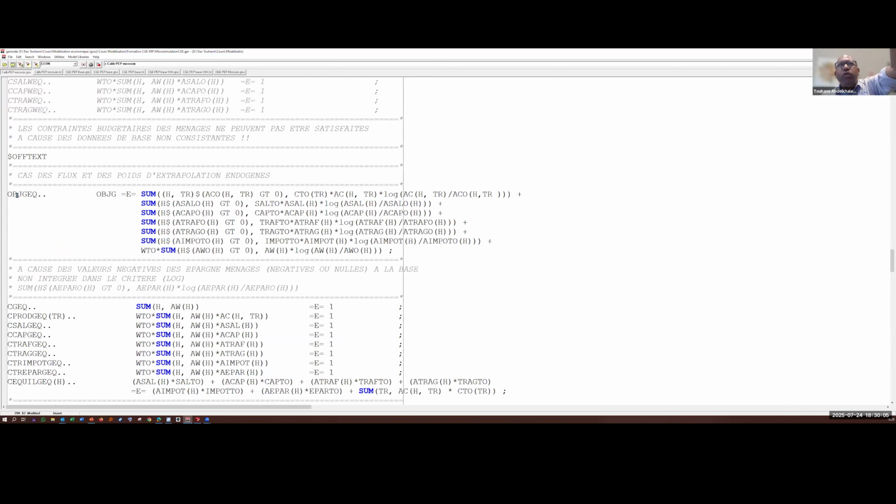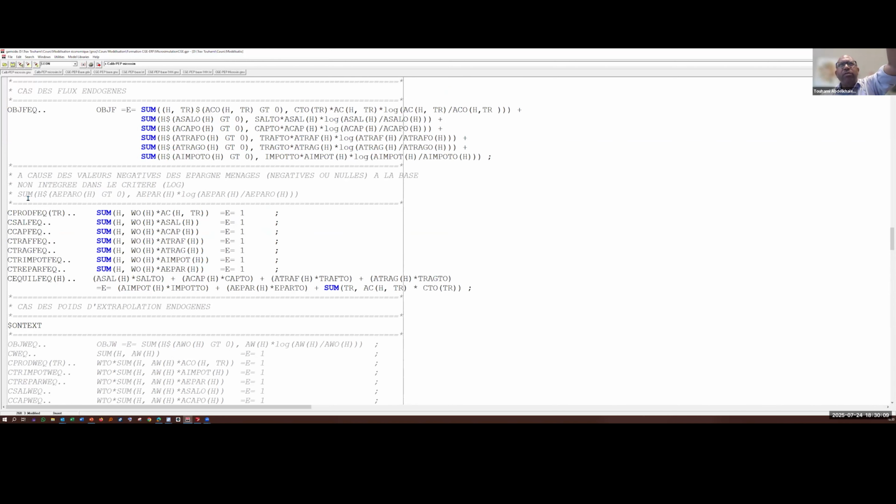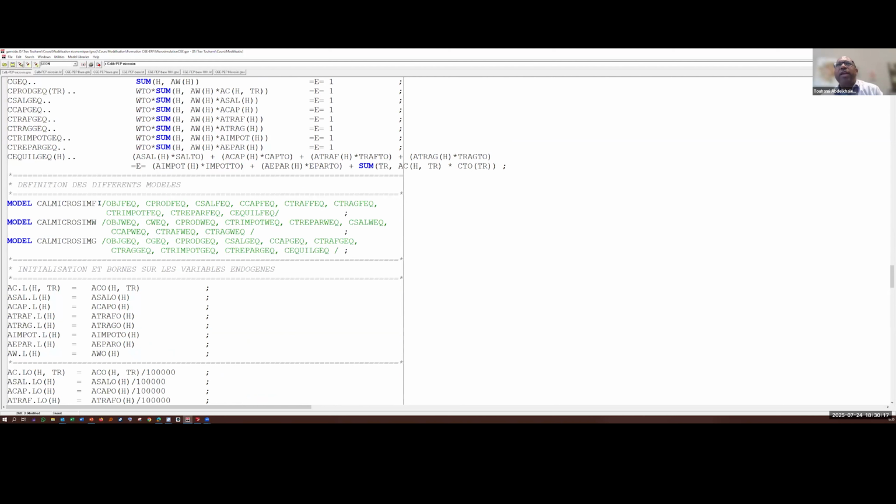If you look at the equations, here with F, 1, 2, 3, 4, 5, 6, 7, 8, 9, we have all the equations, and it's exactly what we have here. Here I define my model with flow, here with weight, and here with all.